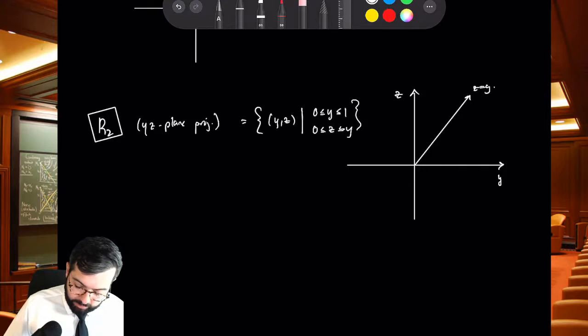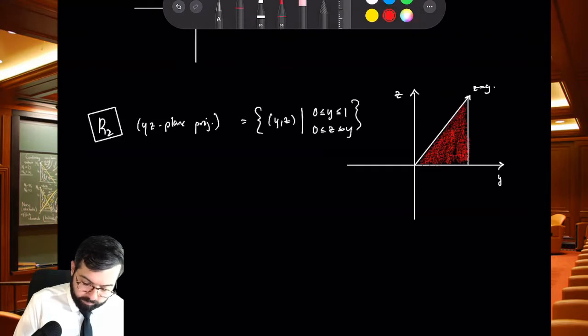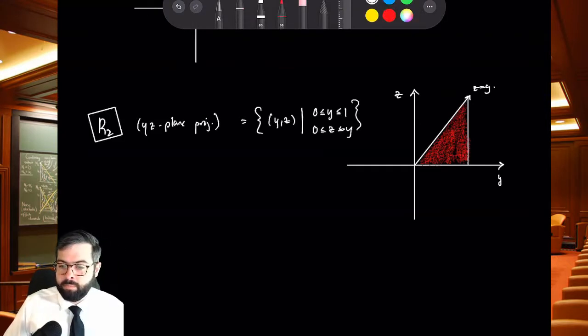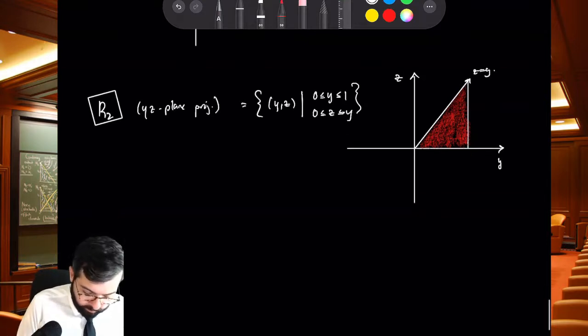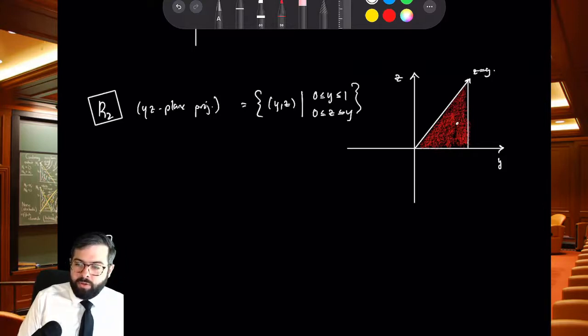And we're talking about z values less than this, so it's really this triangle over here. All right, so that's the shadow of E in the YZ plane. So again, you could take a point, send out a balloon, and hopefully you can find your way.